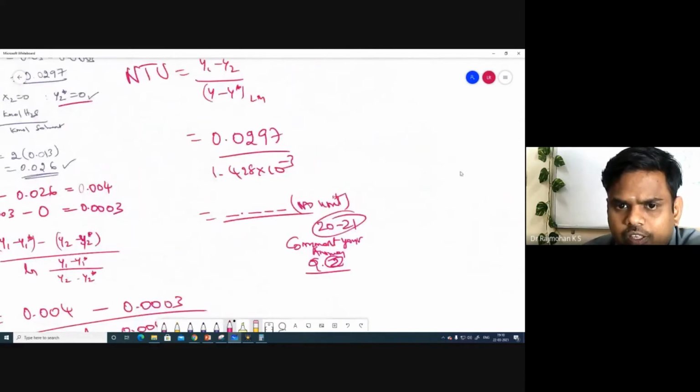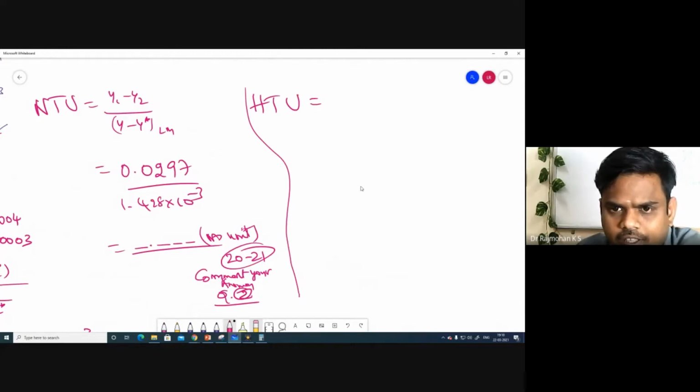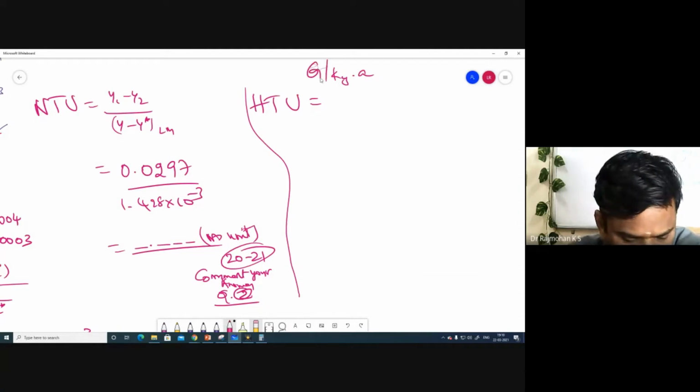So once we have NTU value, next we can calculate HTU value. HTU can be independently calculated, because whatever data is given, KYA into A is given, G divided by KY into A gives us the value. G value is 54.6, it is given, right?